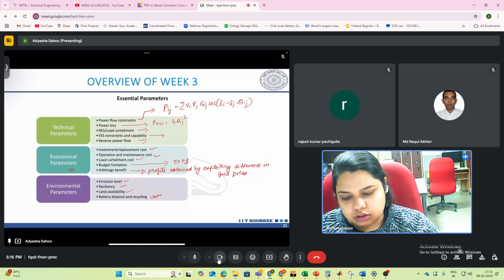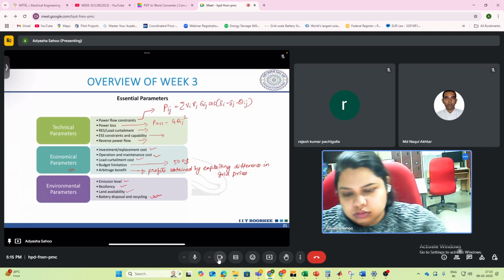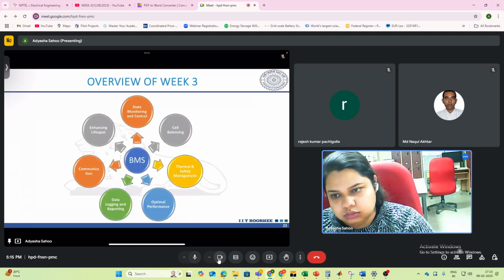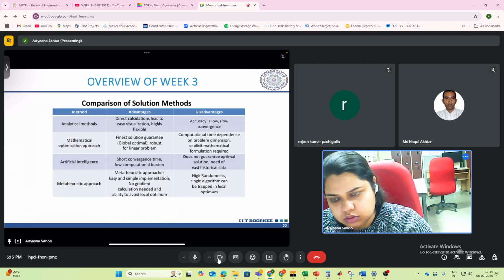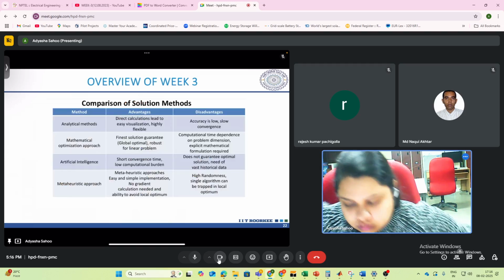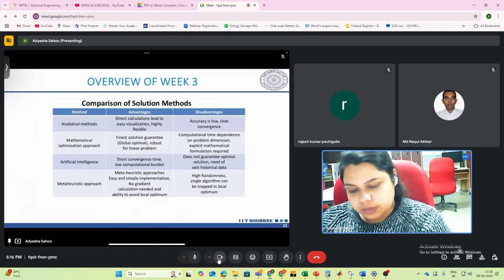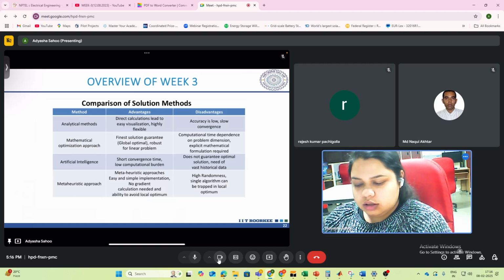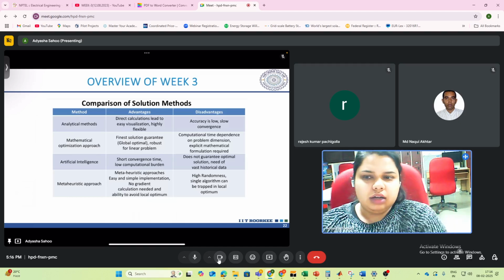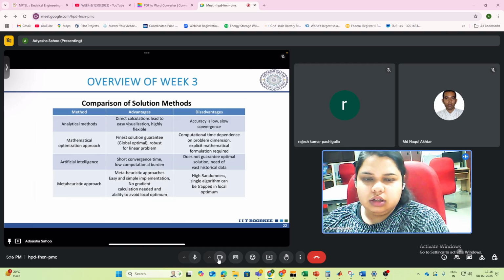Then coming to the methods that we use. Yes, there are four types of methods that can be used. First is the analytical methods. That means direct calculations, but we cannot do that for large systems.